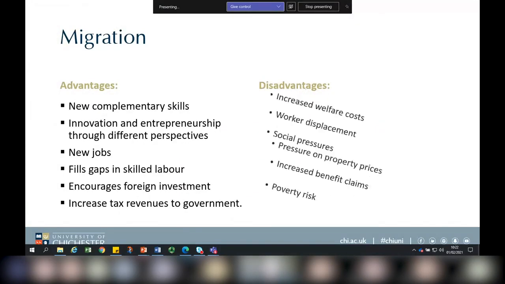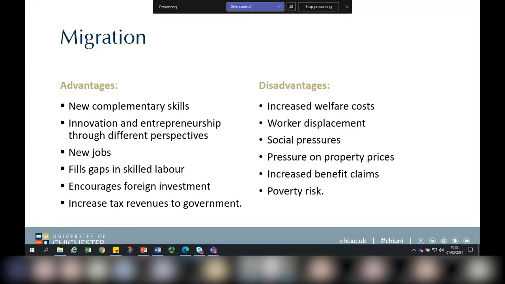Another area to look at is migration. We've talked a little bit about migration, but I wanted to just highlight some of the advantages and disadvantages. You've probably heard a lot about the disadvantages around the time of the Brexit campaign.